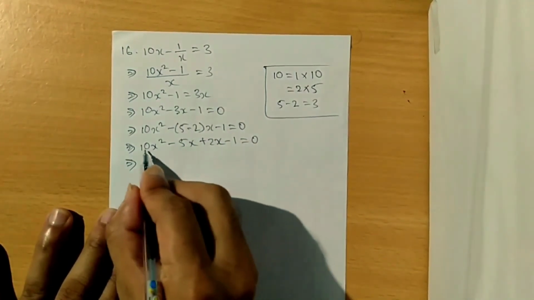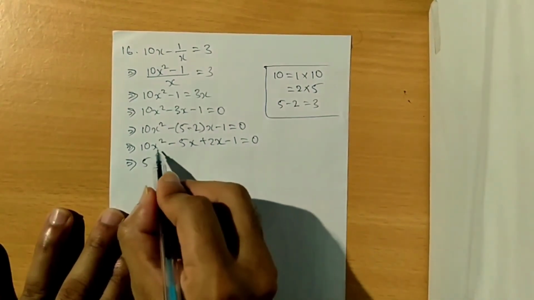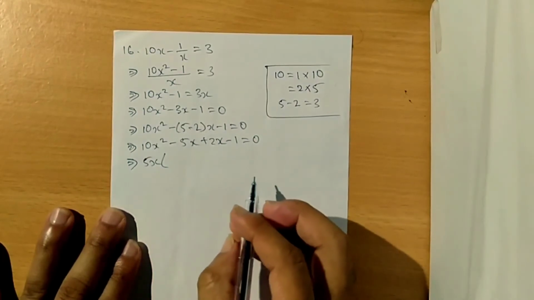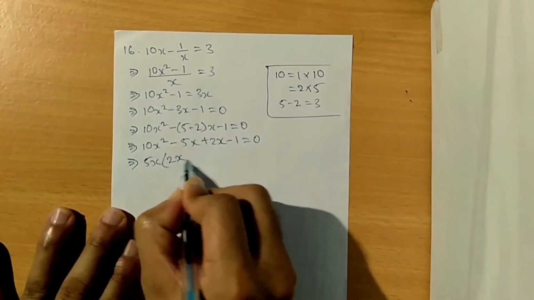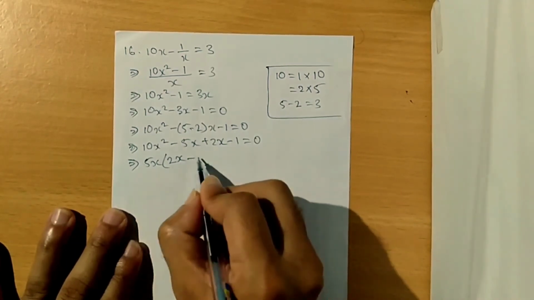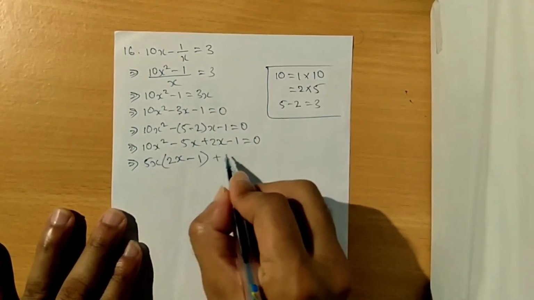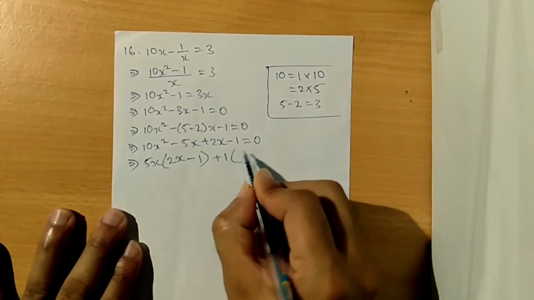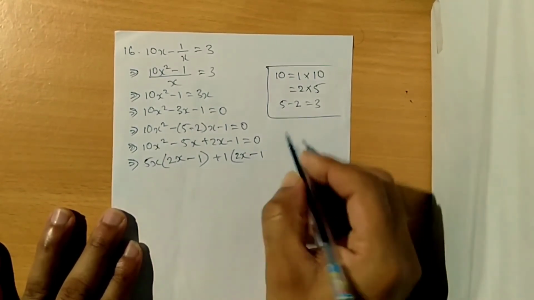This implies we take common 5x from the first two terms and 1 from the other terms: 10x squared divided by 5x gives 2x, negative 5x divided by 5x gives 1 with the minus sign, second, positive 2x divided by 1 gives 2x, and negative 1 divided by 1 gives 1.